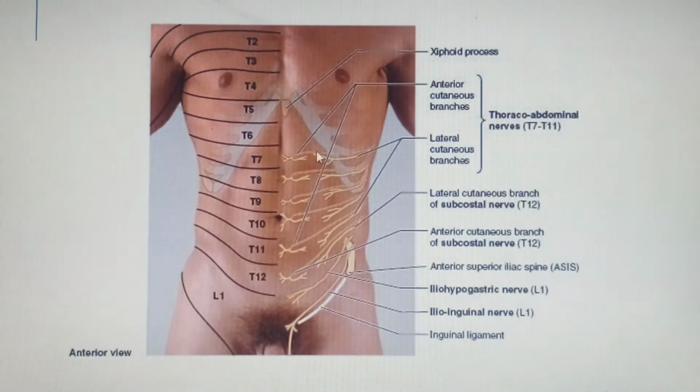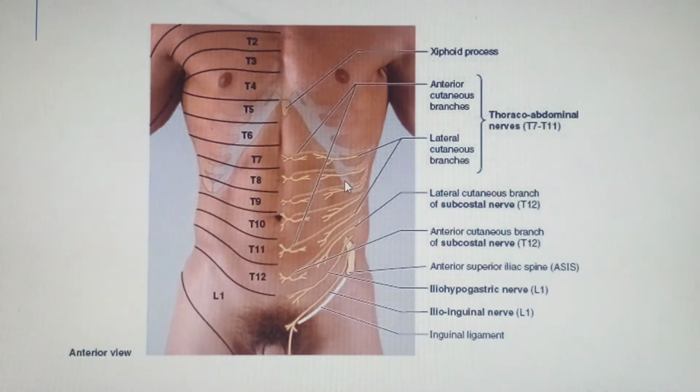Okay, so actually, beyond this costal margin, then we are going to have these thoracoabdominal nerves. Okay, now get to know they will run through. That's an important thing. They will run through what we call the neurovascular plane, and that is between the internal oblique muscle as well as, of course, the transversus abdominis muscle.